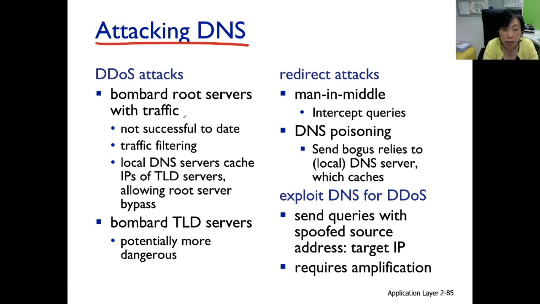So a hacker could actually hack a number of machines around the internet and have these machines bombard the root servers with lots of DNS queries. Having very few root servers around, this can potentially be dangerous and bring down the DNS service entirely.